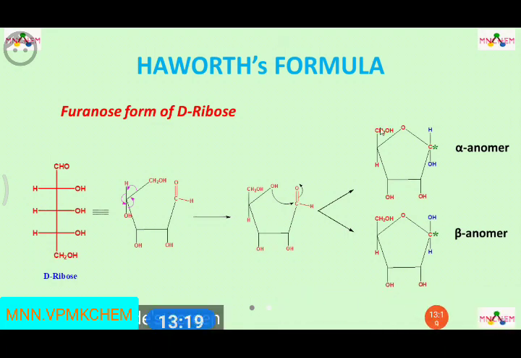So these two anomers are also called alpha-D-ribofuranose and beta-D-ribofuranose forms.